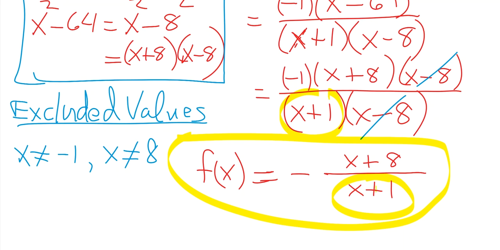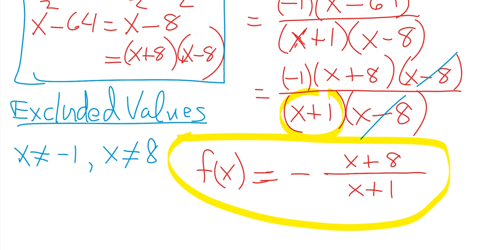So this one, in our simplified version, still has a 0 at -1. So this is, in fact, an asymptote, okay? If, after simplification, you still have a variable in the denominator, then that variable is an asymptote. It will create an asymptote.